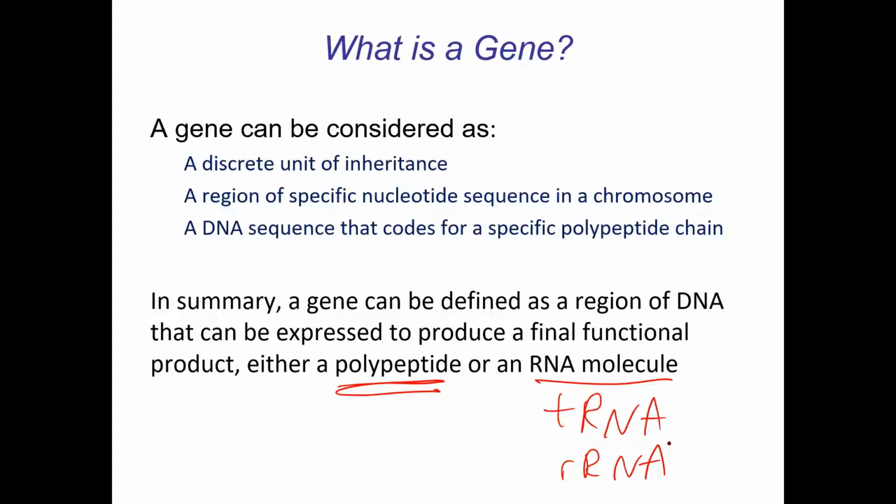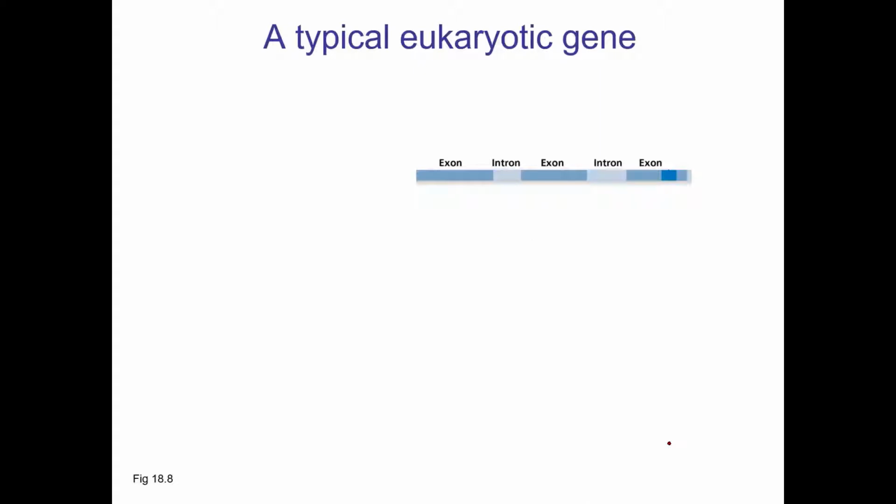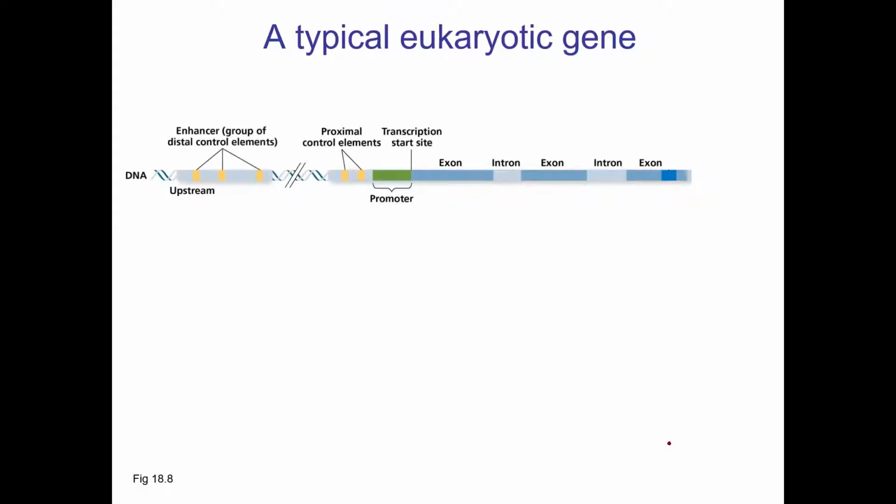So let's take a look at a typical gene here, and we're going to come back to this image later. Right now you're going to see how complicated a gene is, and that's the main point I want to make here. So there's the gene, the coding part. It has introns and exons, and like I said, I haven't talked about what those are yet, so don't worry if you don't know what those are. You can always look them up. Before a gene, upstream, we have a whole bunch of stuff. In this case, these are all regulatory components of this gene. Downstream, there's more regulatory components.